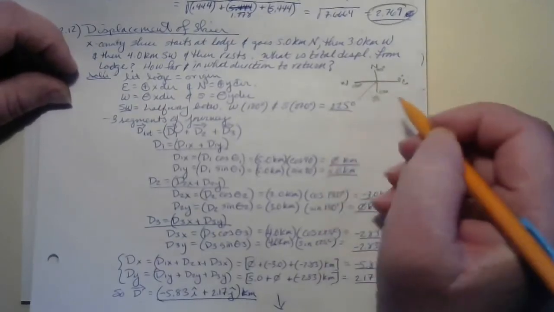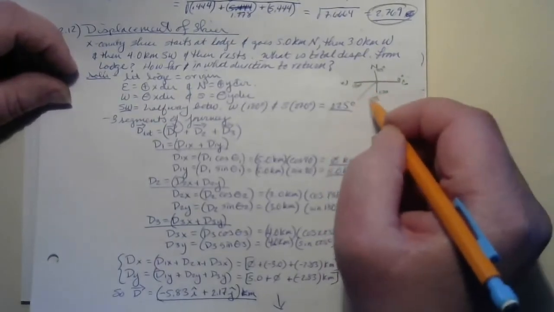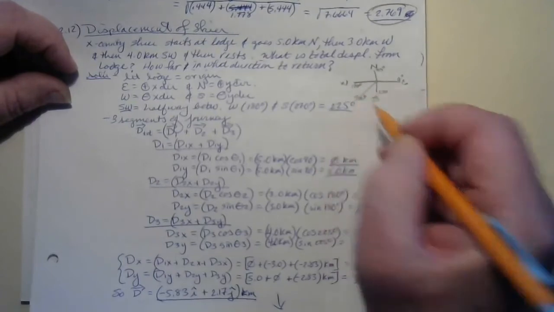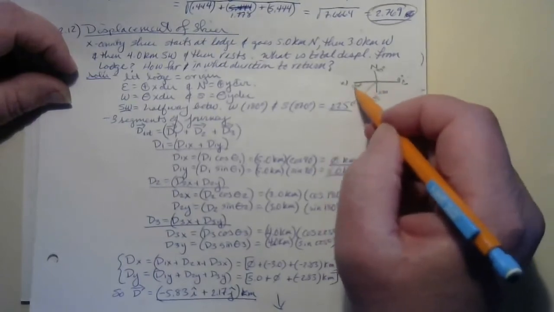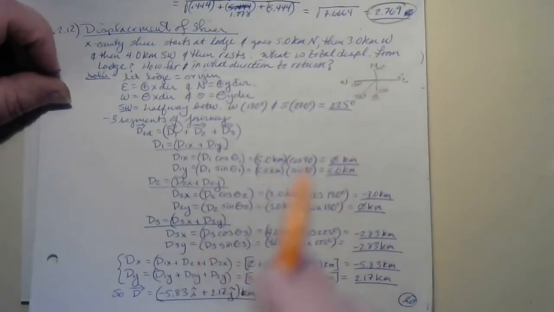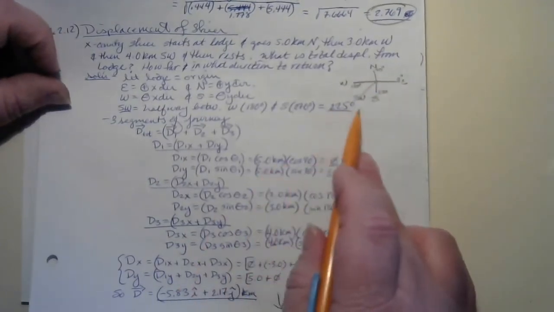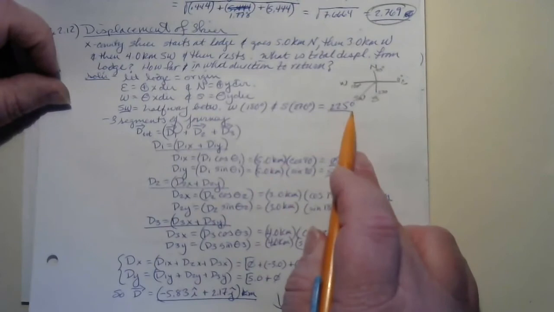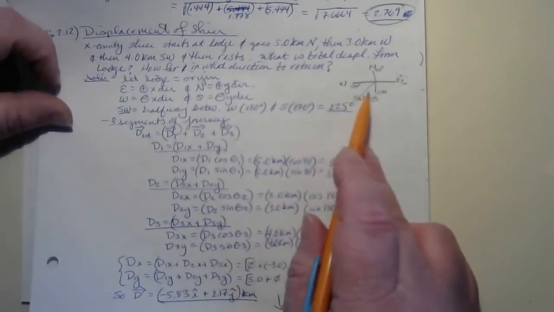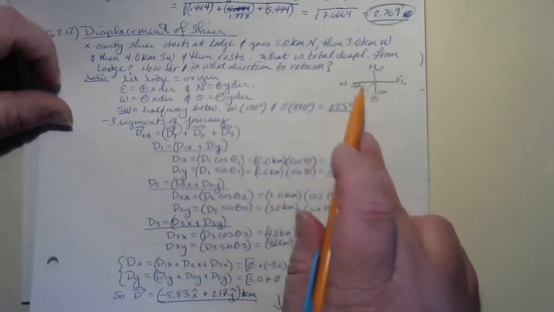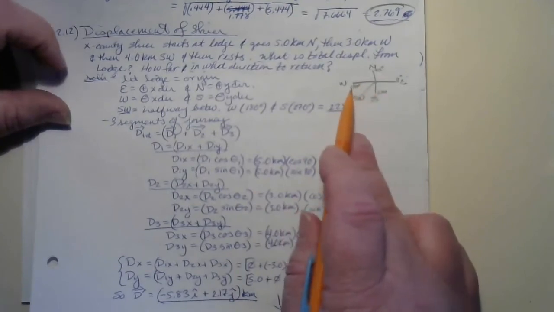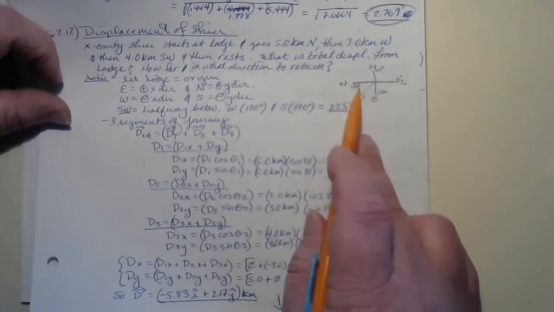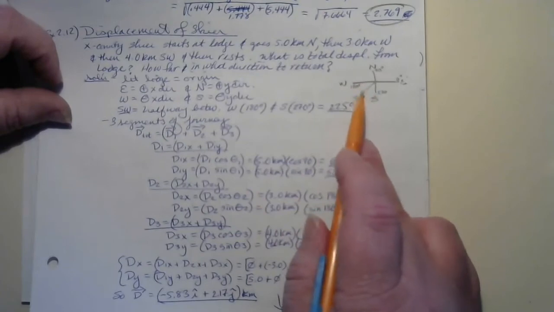Southwest is halfway between west and south. So that would be halfway between 180 and 270, which is 225. You can find that by saying the difference between 180 and 270 is 90 degrees. Half of that is 45.